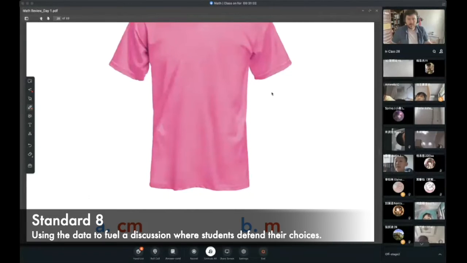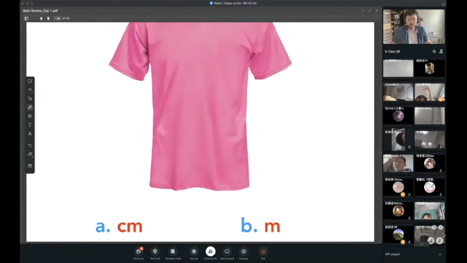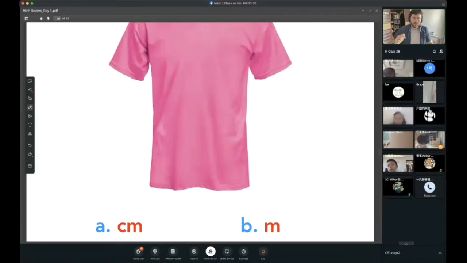So I see, Justin H, you have chosen we use centimeters. Why do you think that we use centimeters? I think we use centimeters because if you use centimeters, maybe my mom does that and it's 400 or 600.